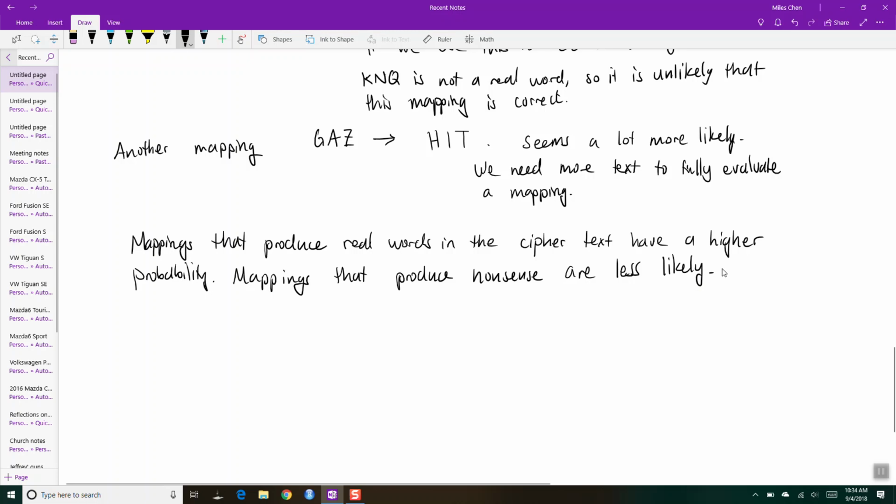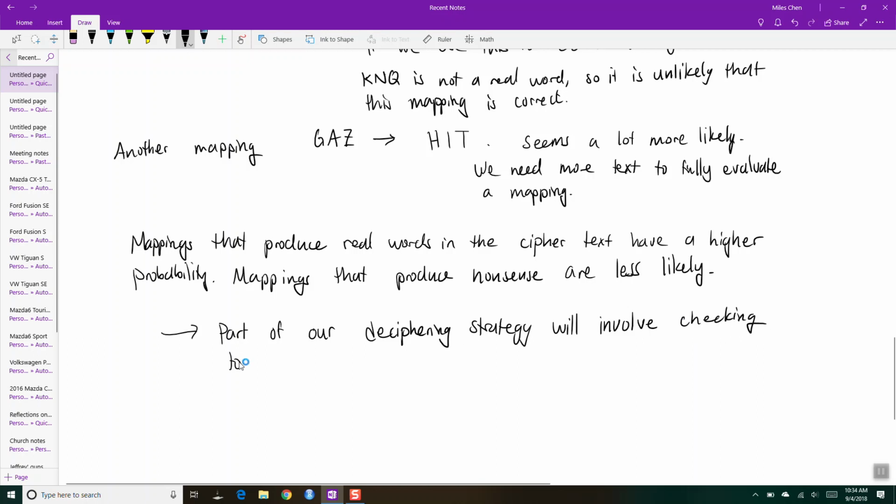Okay. So part of our deciphering strategy will involve checking to see if the decoded text has real words.